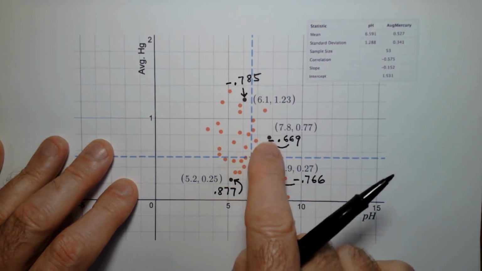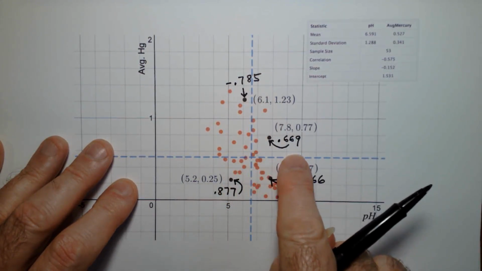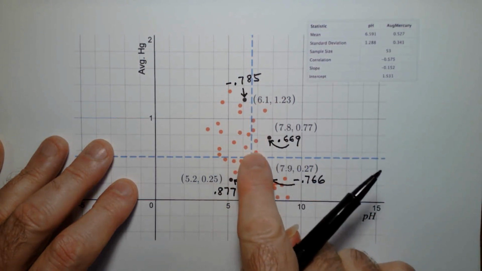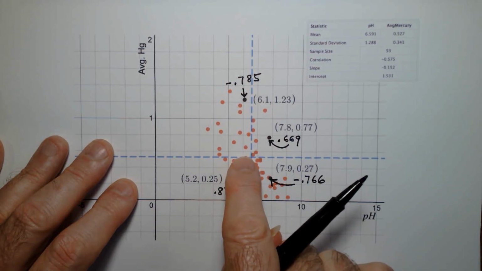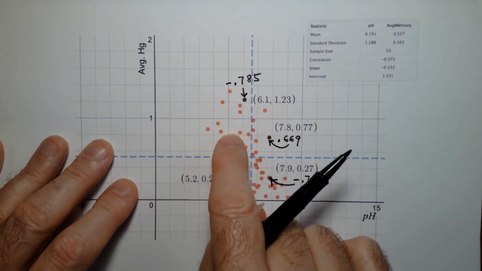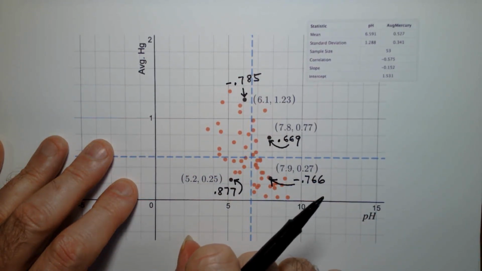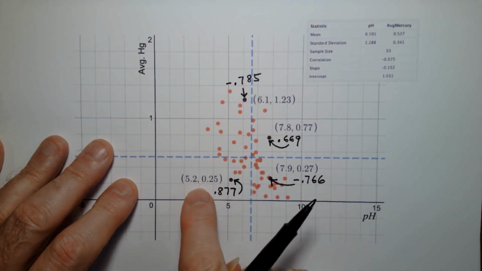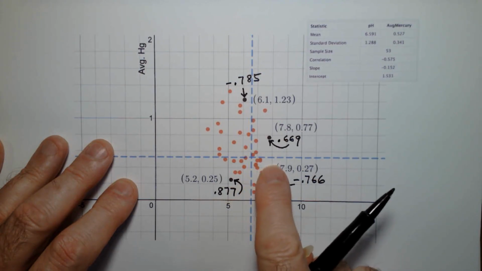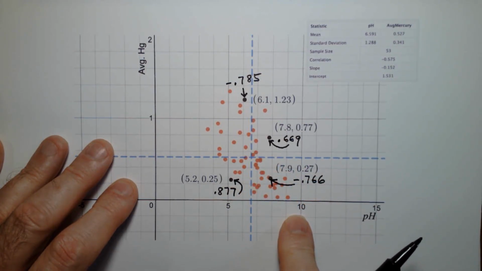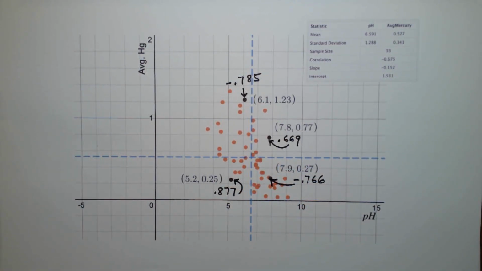I claim that all of the points in quadrant 1 are going to give a positive contribution to S sub xy. All the points in quadrant 2 will give a negative contribution to S sub xy, all the points in quadrant 3 will give a positive contribution, and all of the points in quadrant 4 will give a negative contribution.